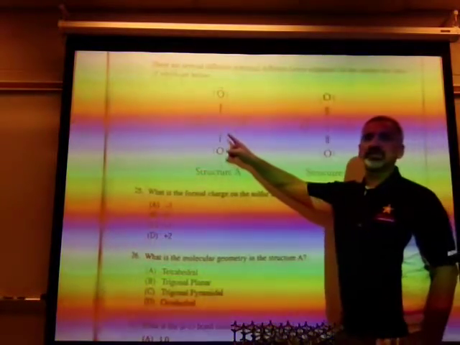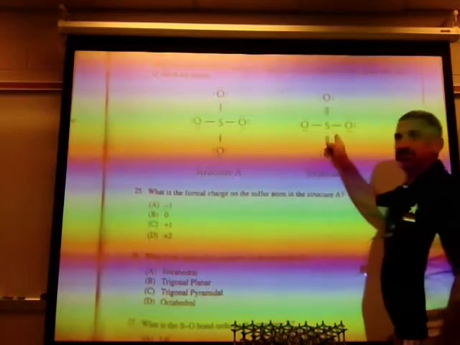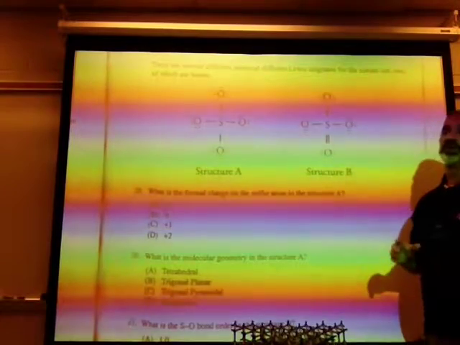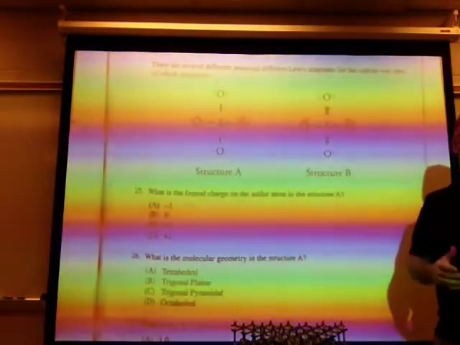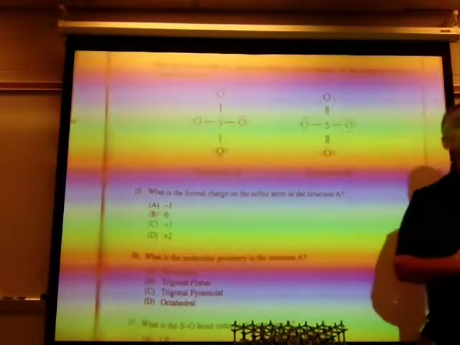25. So here's a formal charge question. On structure A, what is the formal charge on sulfur? +2. What is it on this one? 0, right? So which one is a more preferable Lewis structure based on formal charge? B. Okay? Now, let me just say this.